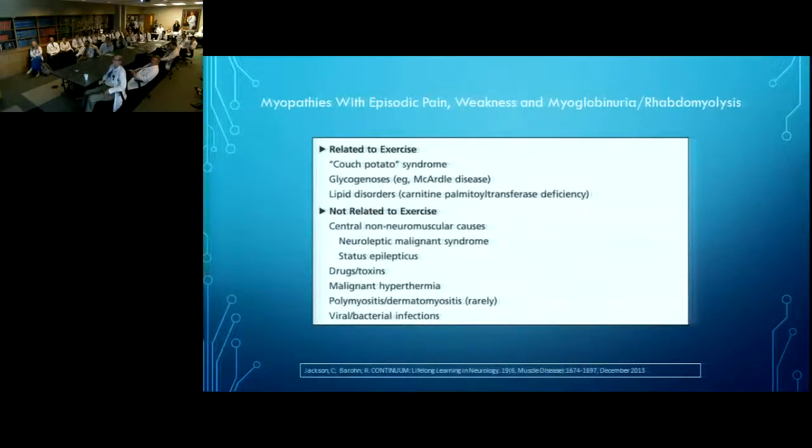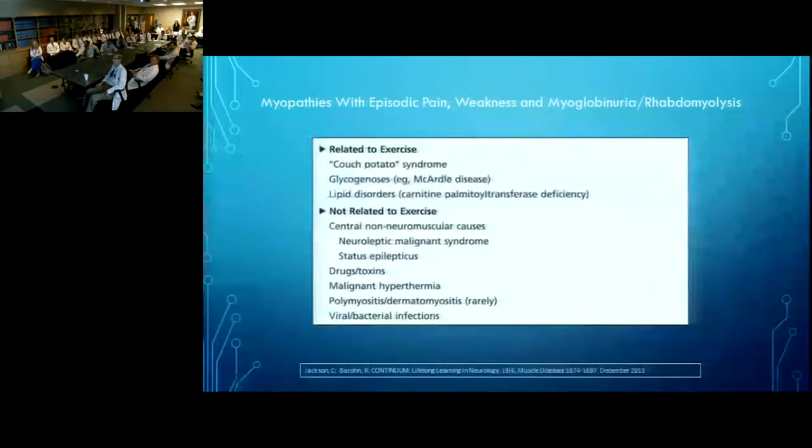The last question to ask is if there are any triggers for episodic pain and weakness and/or myoglobinuria. I already mentioned that if patients are unaccustomed to exercise and have very intense physical activity, they can even have rhabdomyolysis.